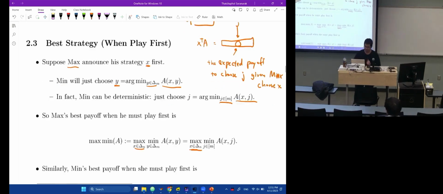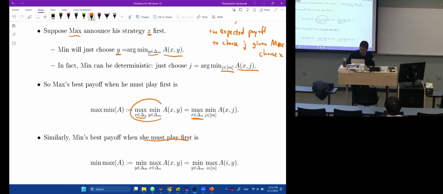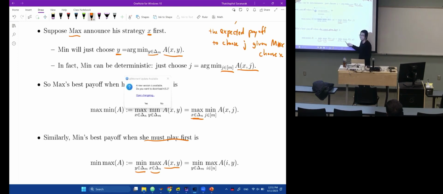So similarly, Min's best payoff when she must play first looks like this: Min first and then Max. But you also know that if Y is chosen, then the Max player can be deterministic too. So instead of writing X, the distribution, the Max player can be deterministic and choose i. It's going to be the same here.